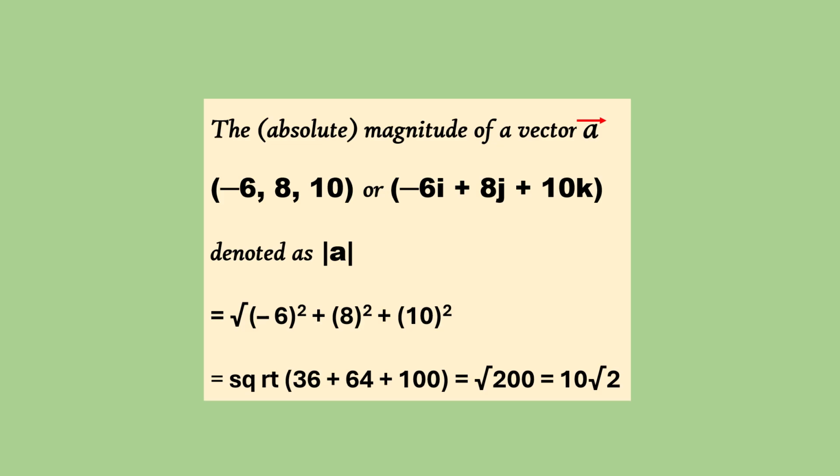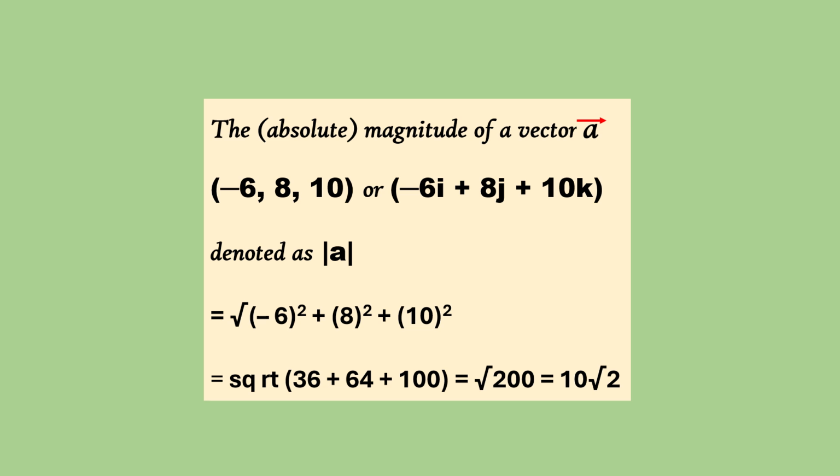And the absolute magnitude will be given by the square root of the sum of squares. So square root of (-6) whole square plus 8 whole square plus 10 whole square. So square all the numbers and then find the square root. So (-6) whole square is 36, 8 square is 64, 10 square is 100, and we are getting square root of 200 or 10 root 2.